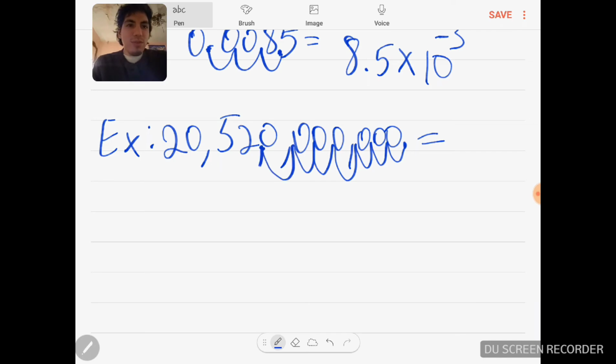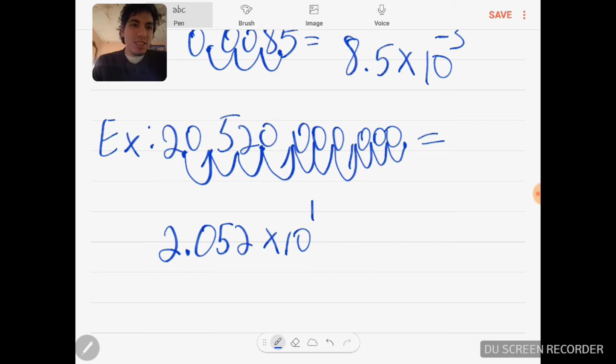Now, when I move it to 8, is 205 between 1 and 10? No. 9, 20? No. 10, I think. So it's 1, 2, 3, 4, 5, 6, 7, 8, 9, 10. So the count is 10. So it's 2.052 times 10 to the 10th power as your final answer.